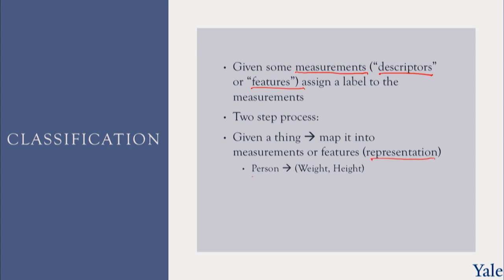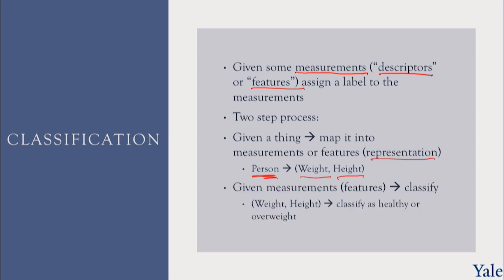So if we have a person, for our purposes, we reduce the person into two measurements, their weight and their height. If we're trying to figure out if this person is overweight or healthy, height and weight are actually a pretty good description of a person. Given these measurements, the features, we classify. So we take weight and height, and we output a value, either healthy or overweight. Now, it could get more complicated, but let's stick to this classification for our example here.